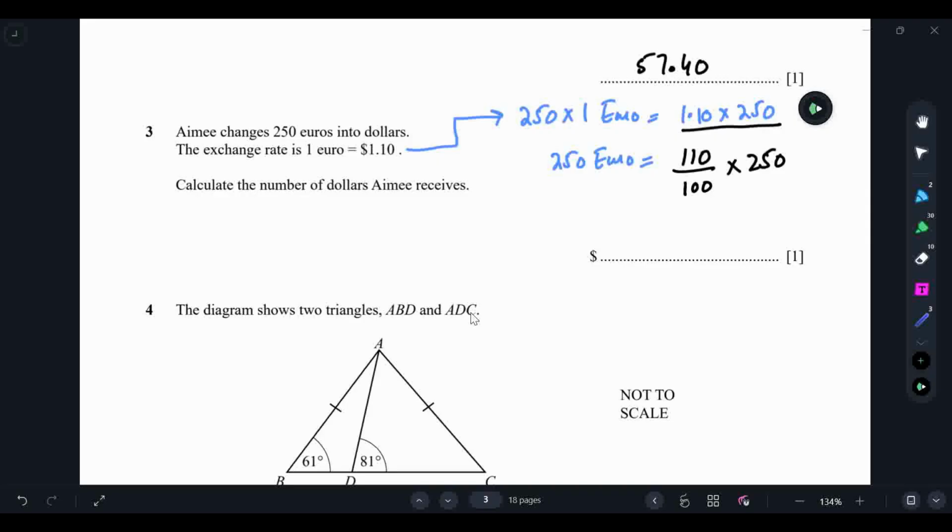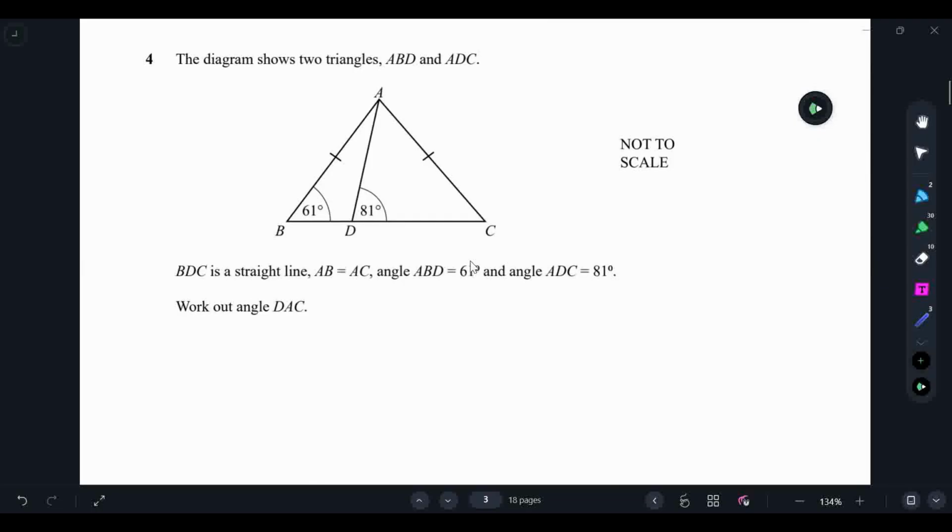After that, we just cancel out these two zeros, cancel out this one with this one. So 11 multiplied by 25. So 25 and 11, which means 1 5 the 5, 1 2 the 2, multiply 1 to 5 the 5, 1 2 the 2. So the answer will be 5, 7 and 2. So the final answer will be $275. Let's move to question number 4.